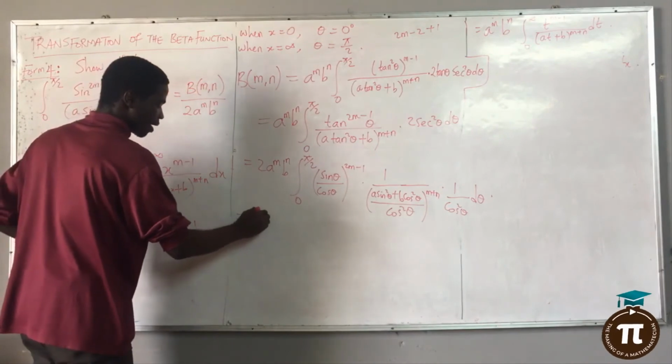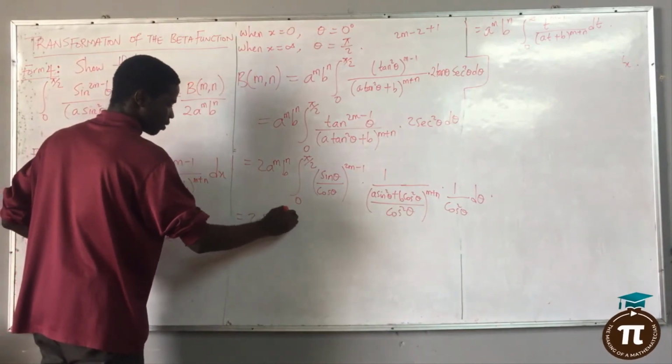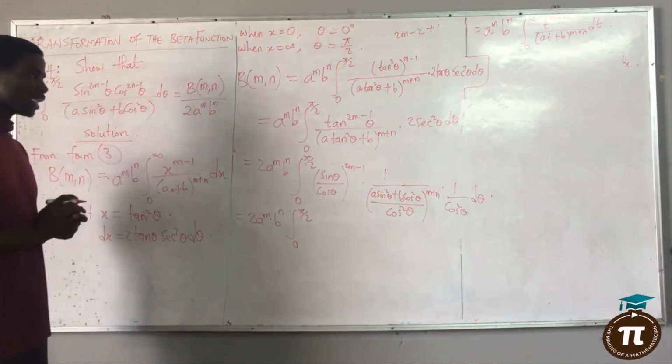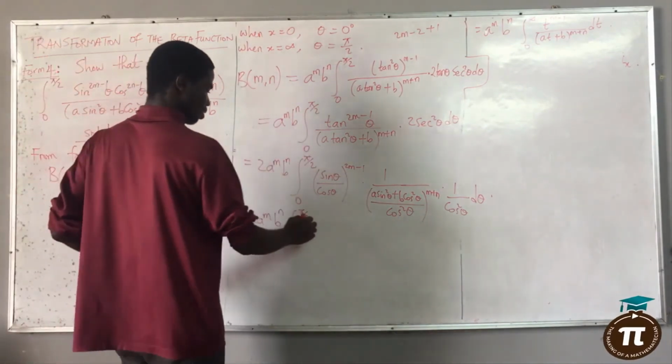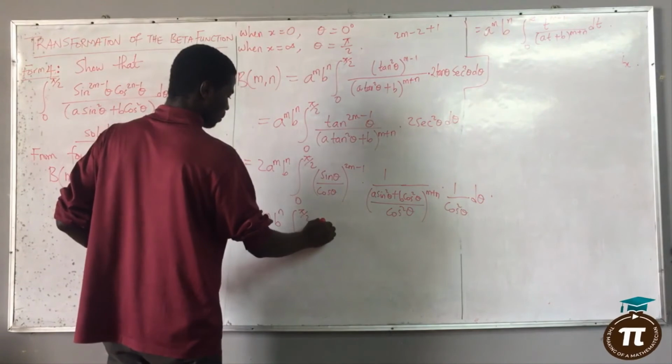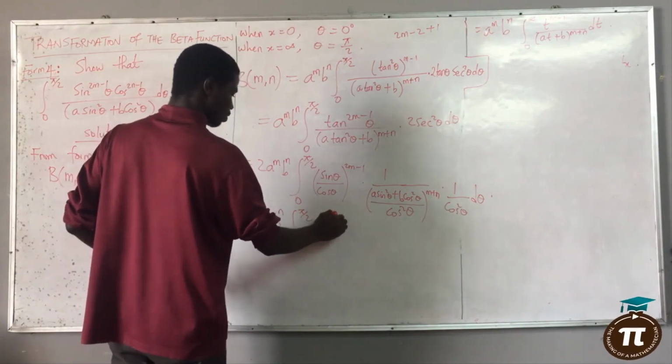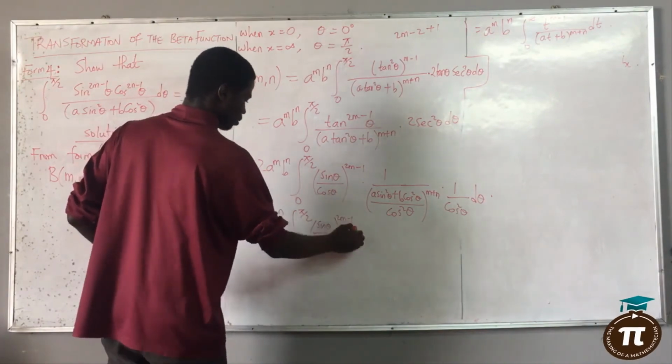2 a raised to the power of m, b raised to the power of n, integral from 0 to pi over 2. This is sine theta over cos theta raised to the power of 2m minus 1.